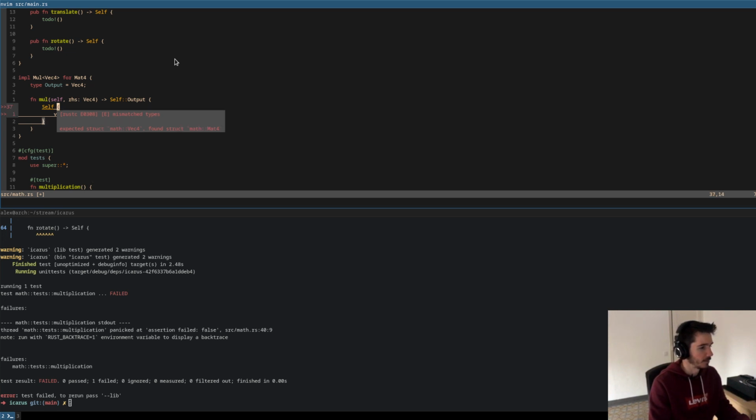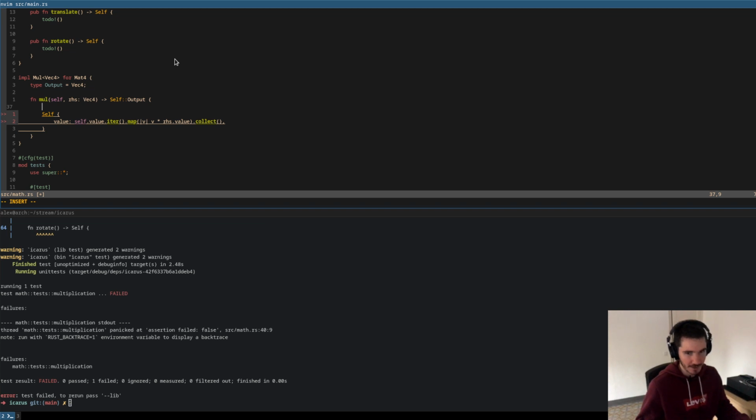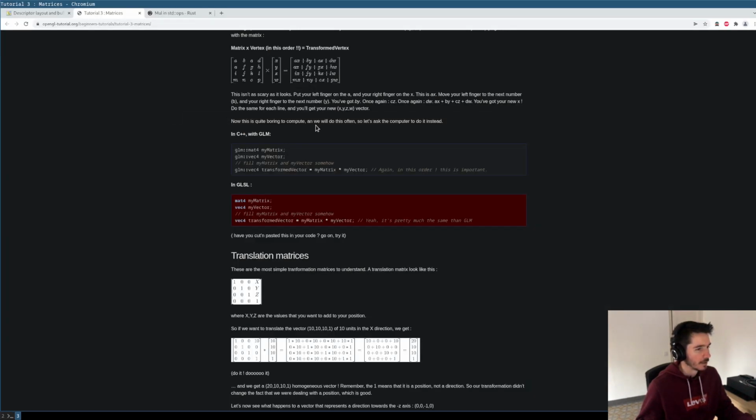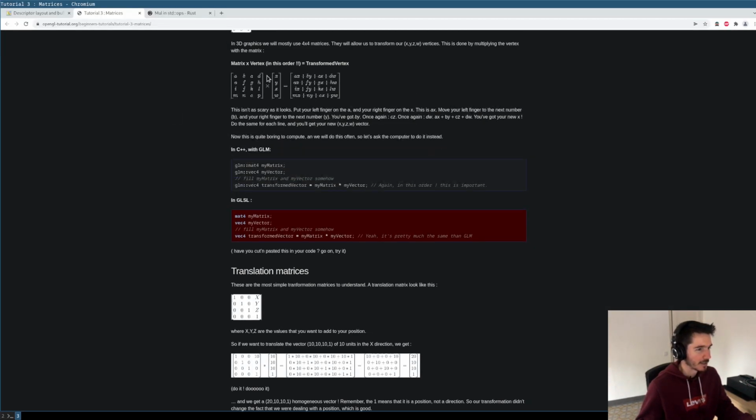And here is where we need to implement matrix vector multiplication. So I'm gonna do it the dumbest possible way for now, and we'll see later if we can improve it. So basically, we want to multiply the first row by the vector, the second row by the vector, the third row by the vector, and the fourth row by the vector.